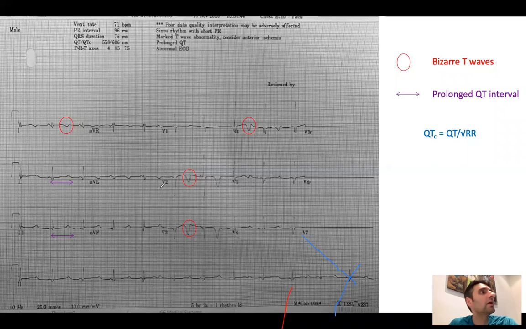So it's very long, and he's definitely at risk of repeated torsades. With Nadolol, he was discharged with a QTc of around 520. So it was still prolonged, but there's nothing we could do except give him an ICD.